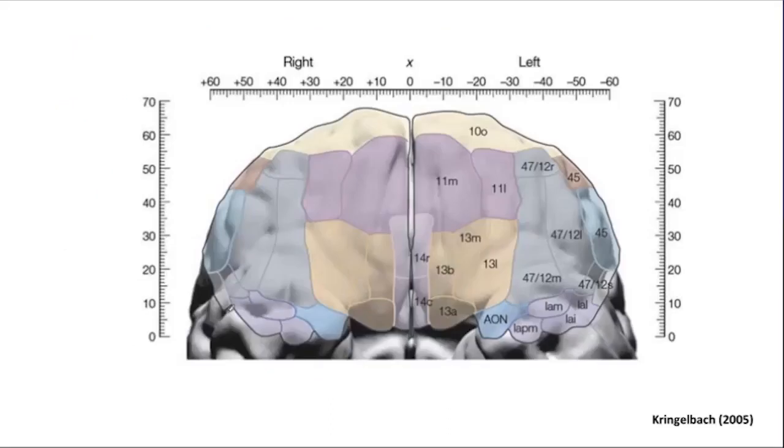Even when we talk about, let's say, Brodmann area 11, it is going to be divided into, let's say, a lateral and a medial part. And then there might be some merging between, let's say, areas 47 and 12 and dividing them into some other parts.